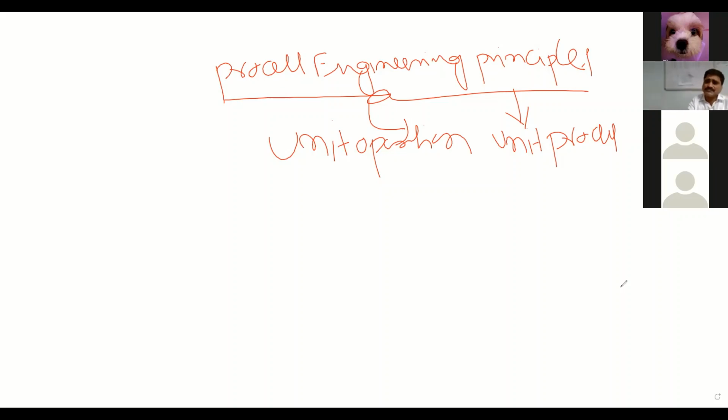Actually, we are going to apply engineering principles. A chemical engineer applies engineering principles, a civil engineer applies engineering principles, an electrical engineer also applies them, and in biotechnology also we are going to apply engineering principles.